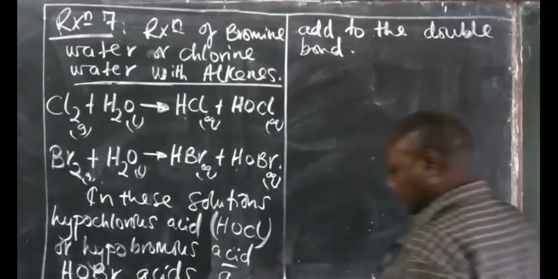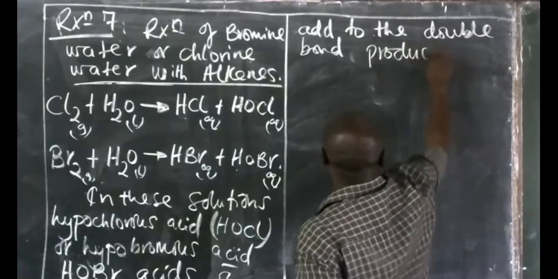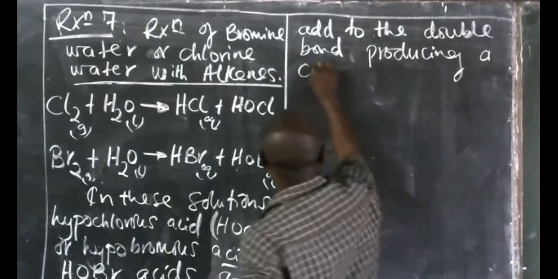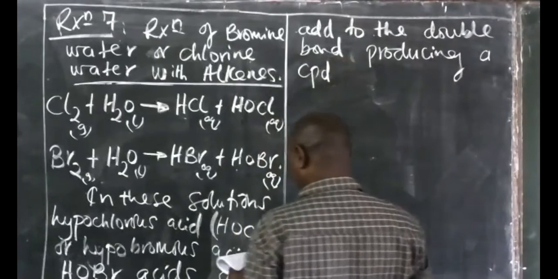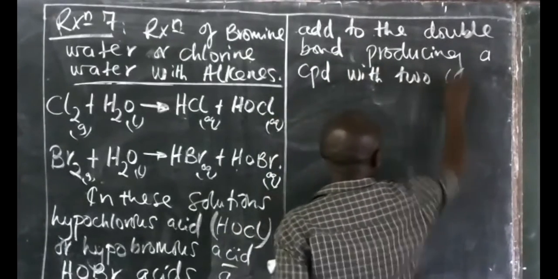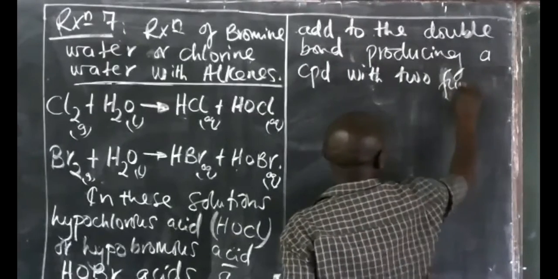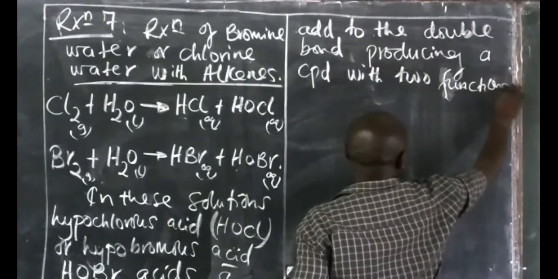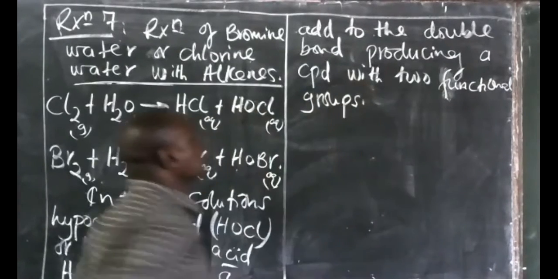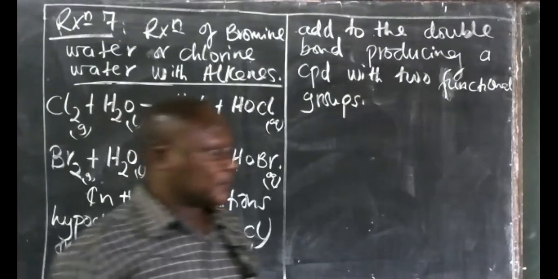Now, adding across the double bond, producing a compound with 2 functional groups.